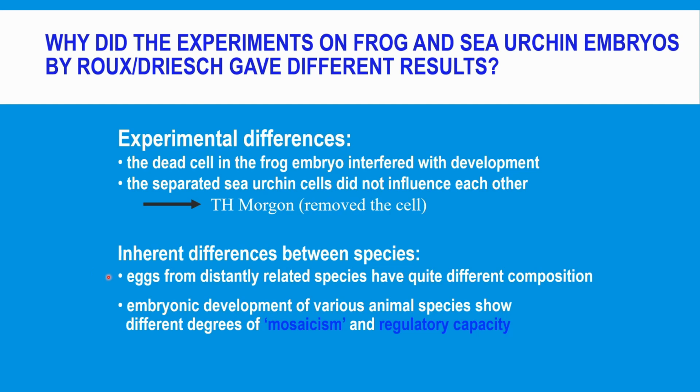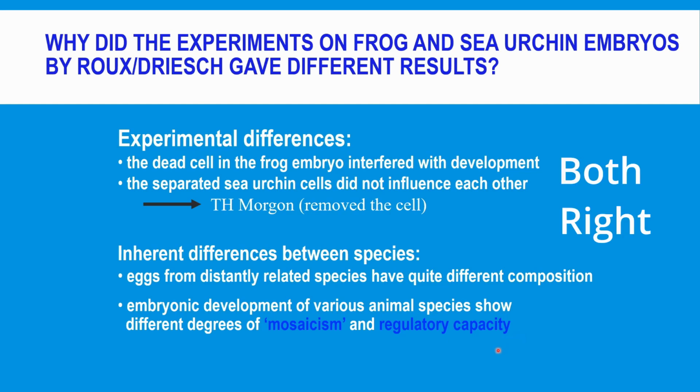So eggs from distantly related species have a quite different composition. What we know now is that embryonic development of various animal species show different degrees of mosaicism and regulatory capacity.